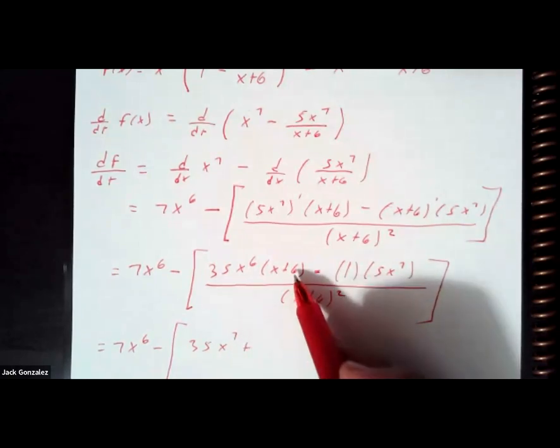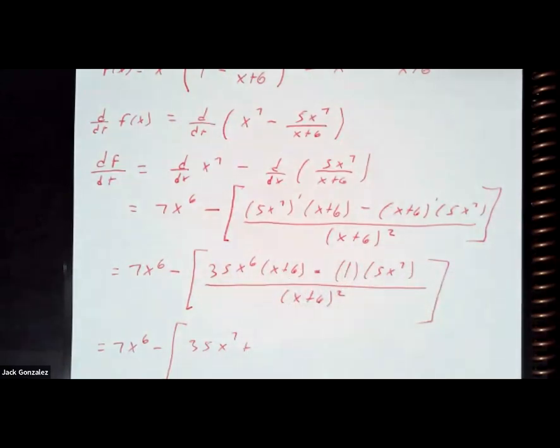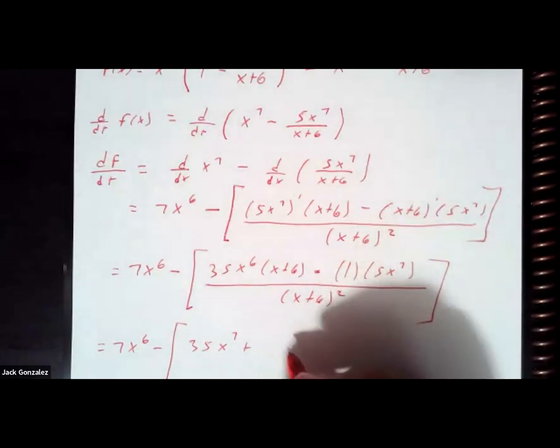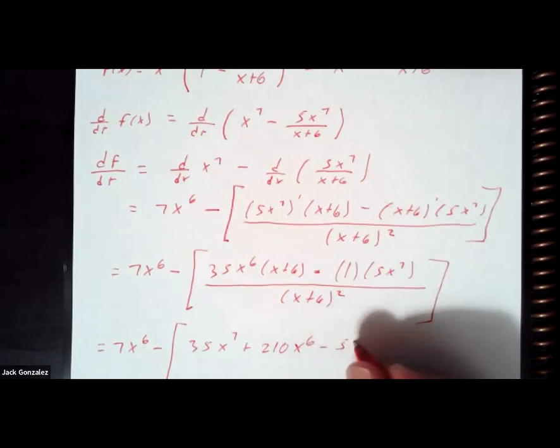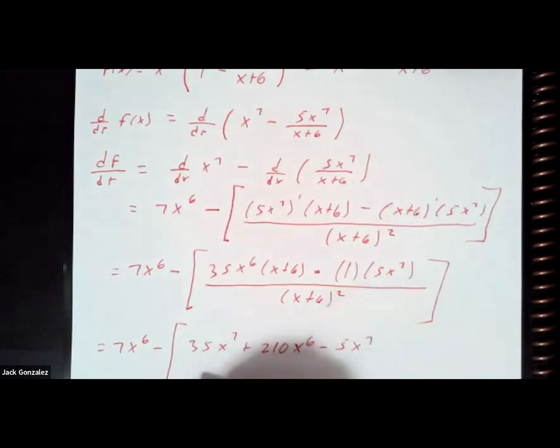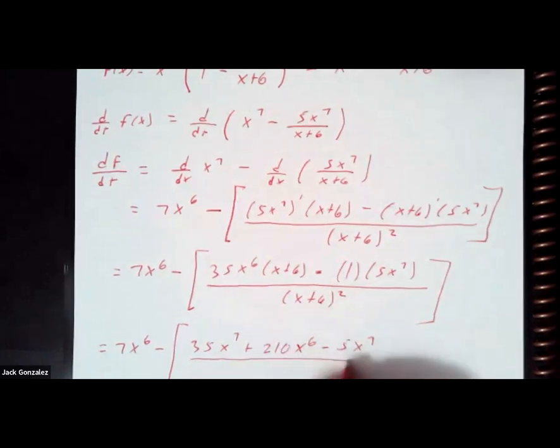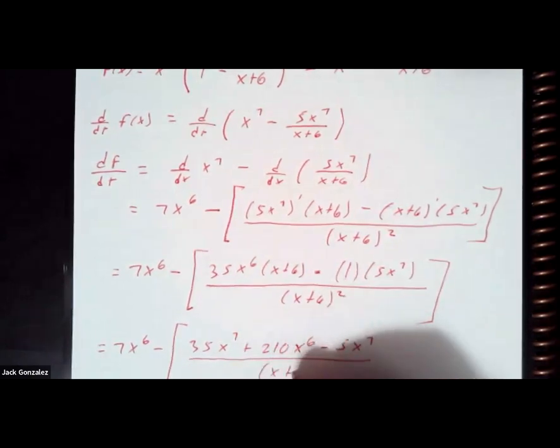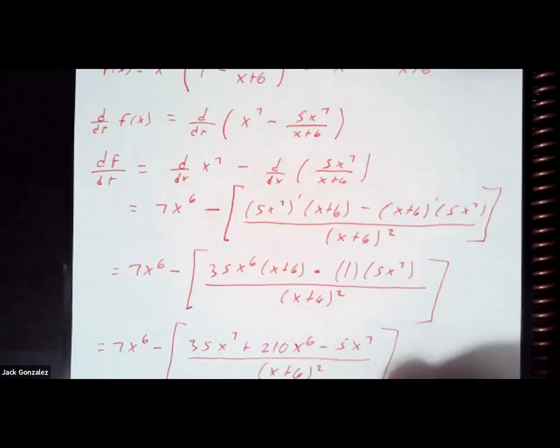What's 6 times 35? I don't know what that is. 210. 210x to the 6 minus 5x to the 7. Just about done.